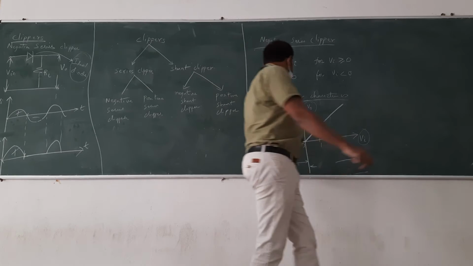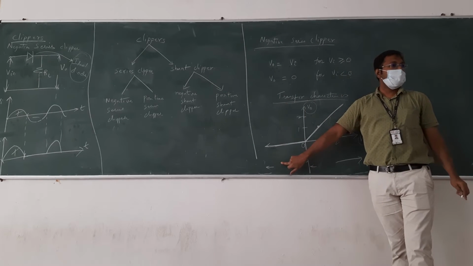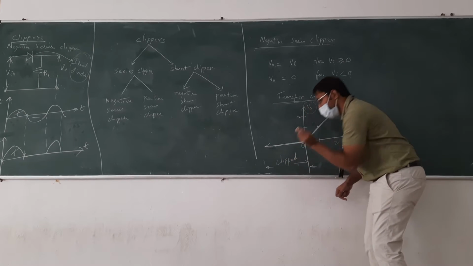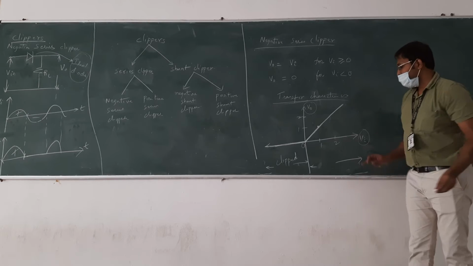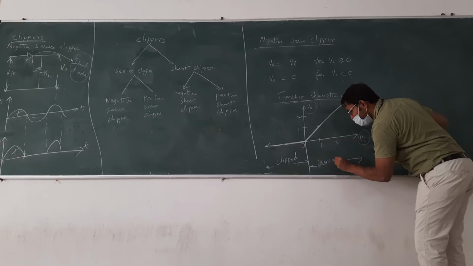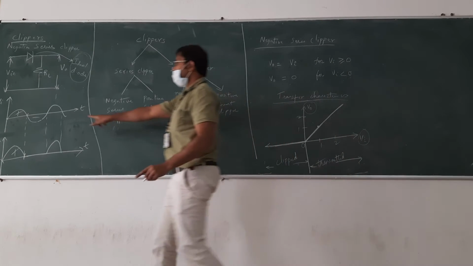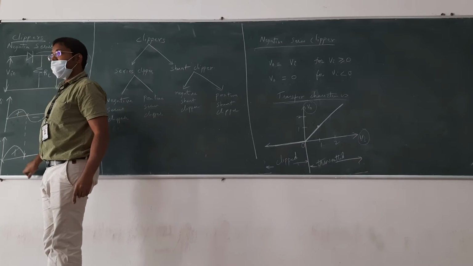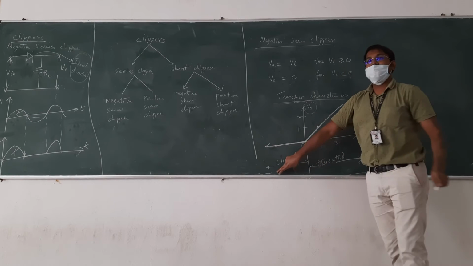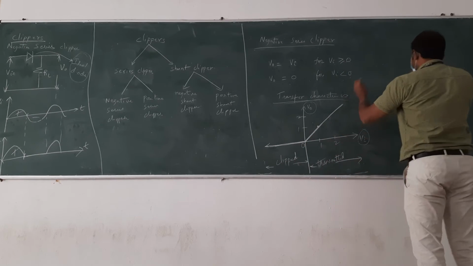What should I write here, transmitted or clipped? This is clipped. This part of the waveform is transmitted. When input is negative, the waveform is clipped. So along the negative axis, the region is the clipped waveform. Clear?